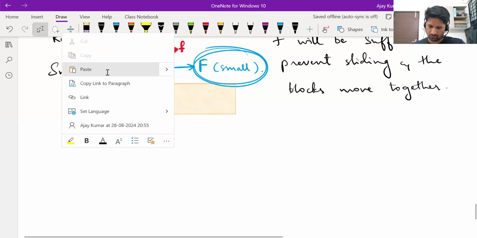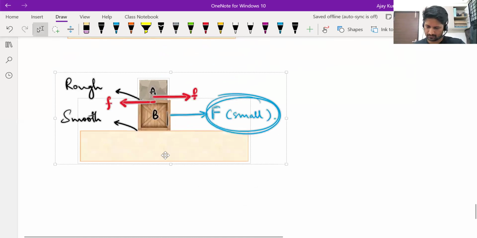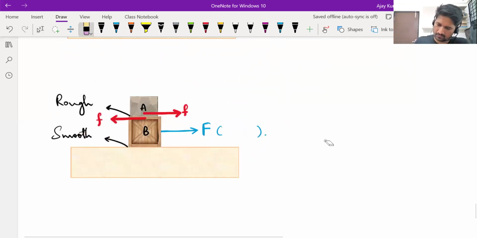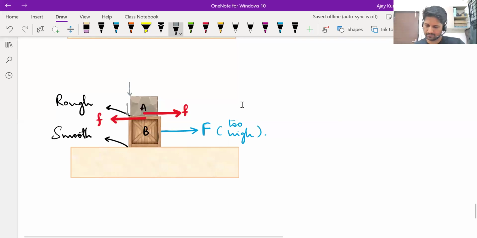Next, if the force is too much, then what will happen? See, these were their original positions. Originally, the left edge of A was here, the left edge of B was here. So when you apply too much force, what will happen? Both will move forward.